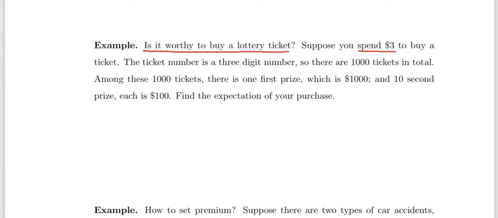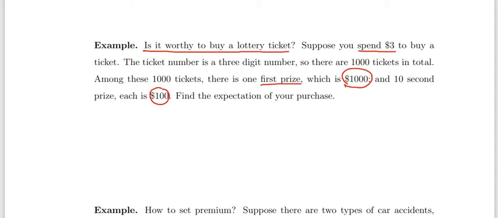Suppose you spend $3, you may win the first prize, which is $1,000, or you may win the second prize, which is $100. So they will say you just need to spend $3, then you can have a good chance to get $1,000 or $100. Okay.